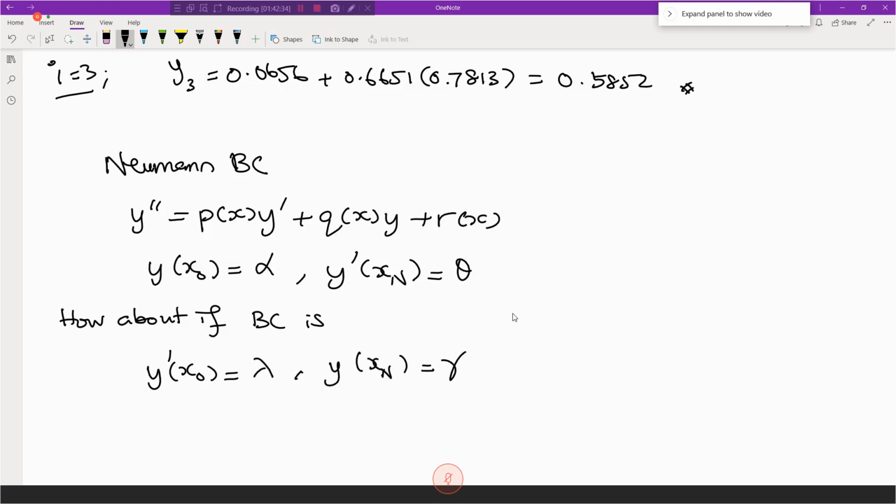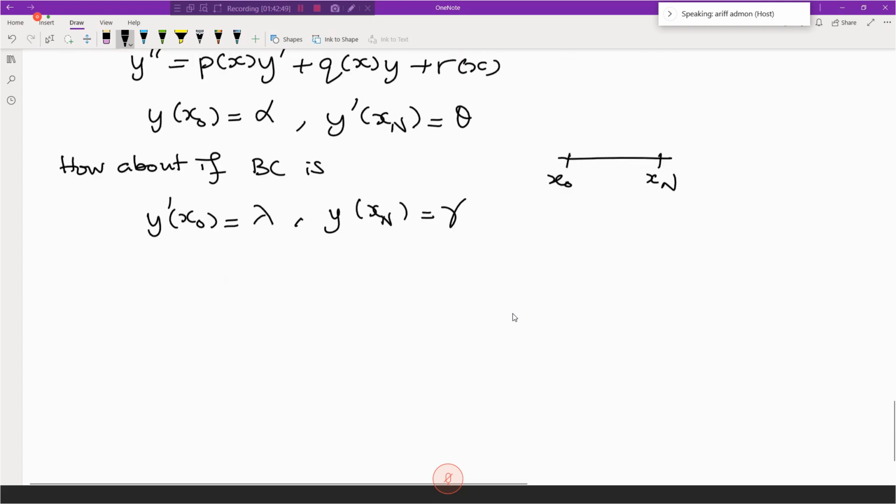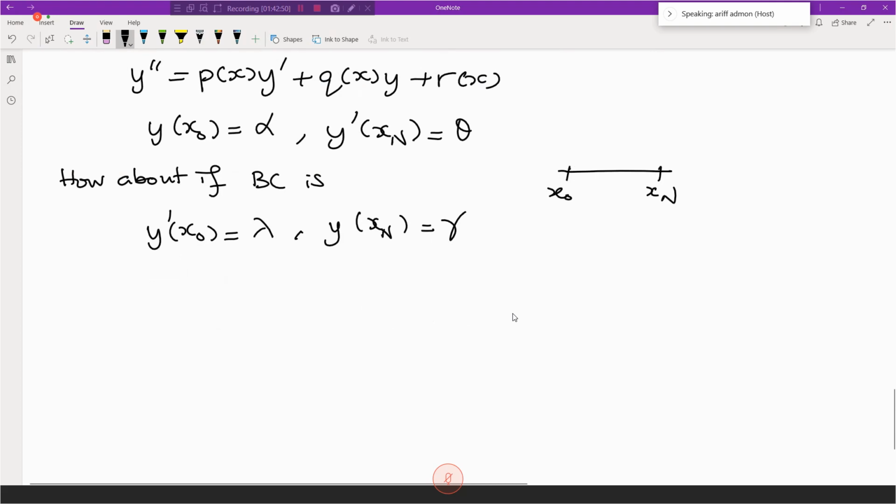So this one I explained already just now, but now for this one y prime and also y, basically you have x0 until xn for your x. So for this particular type of boundary condition, you need to use substitution.